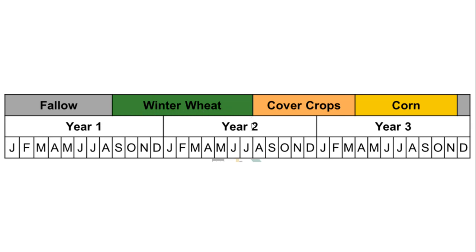They're going to harvest their winter wheat, plant a cover crop in fall, that's going to grow over the winter, turn it in spring, and then plant corn. And it looks like when they harvest their corn, they're going to go back into a fallow period. Now, I'm not particularly fond of fallowing. I think I would always rather grow a cover crop than a fallow.